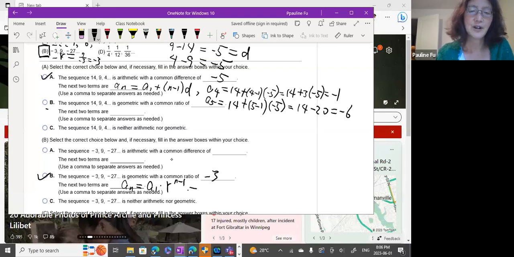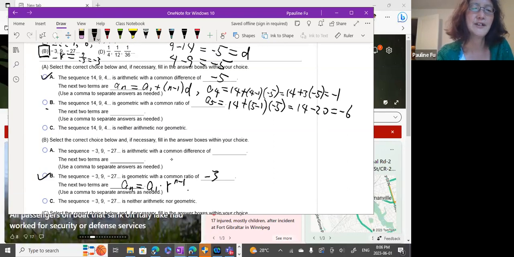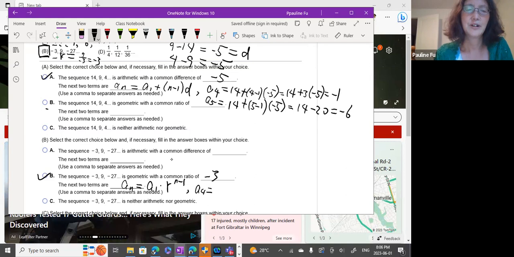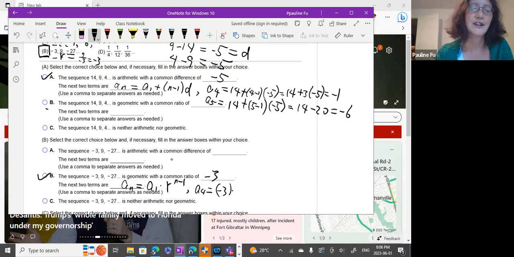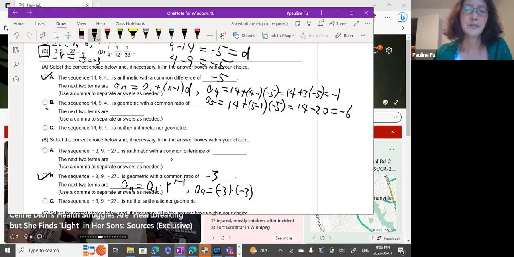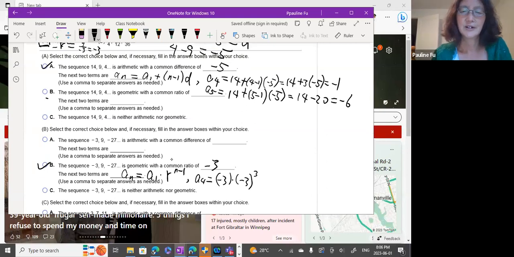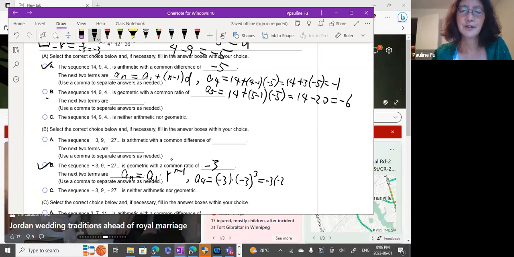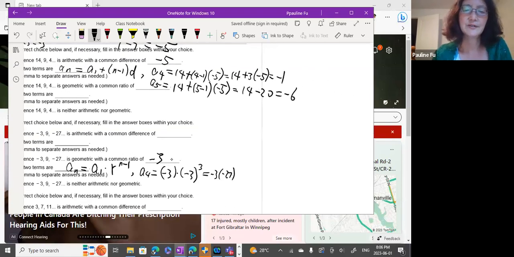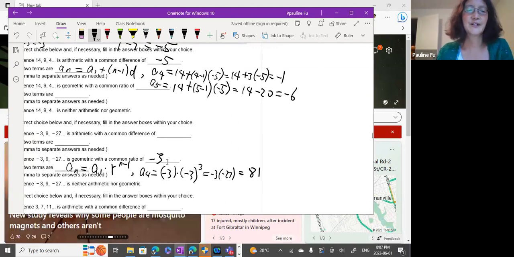Right now we are asked to figure out a_4 and a_5. So a_4 equals a_1, which is -3, times r, which is -3, raised to the power n minus 1. n is 4, so raised to the power 3. So it's going to be -3 times -27. Negative times negative is positive 81. So this is a_4.